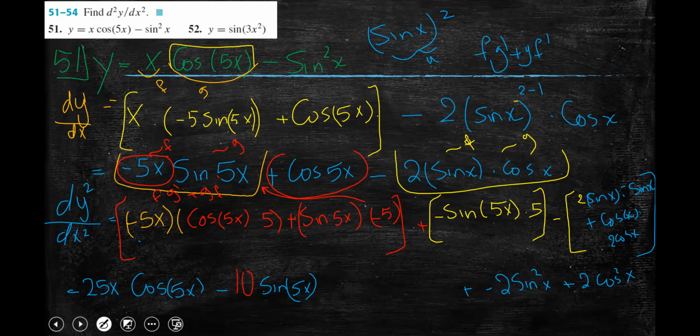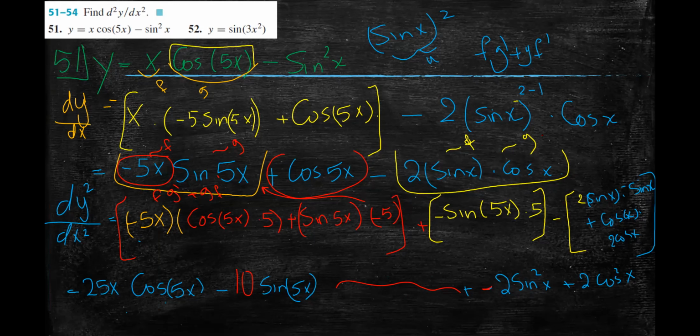Yes. And then my minus 2 sine squared x plus 2 cosine squared x. That's it. Here you have to continue, okay? Plus this one. Is it clear now? Yes.